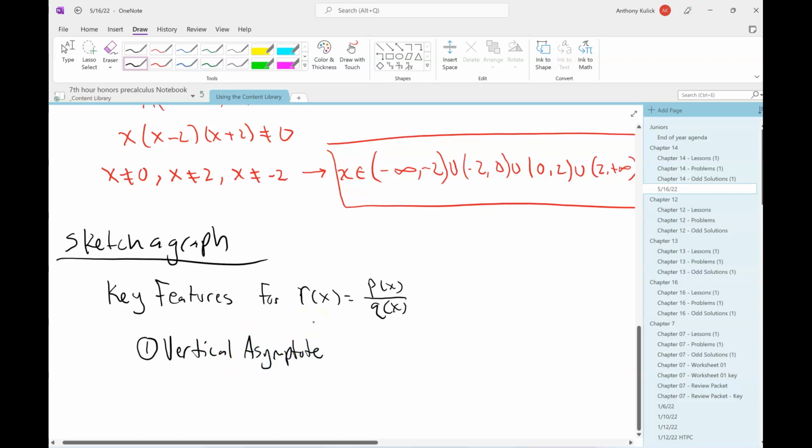The first is vertical asymptotes. So to find those vertical asymptotes, we're going to take the reduced version of the denominator, set equal to 0, and solve.